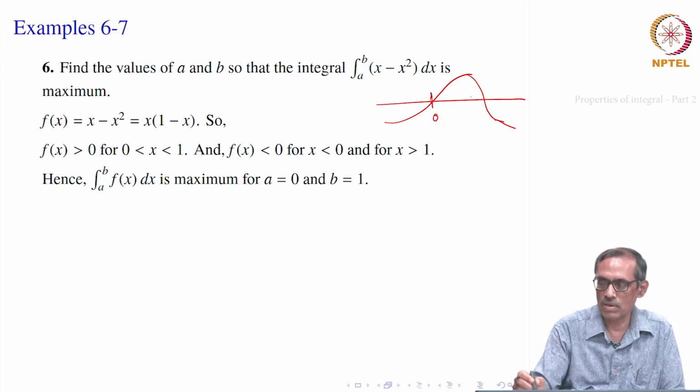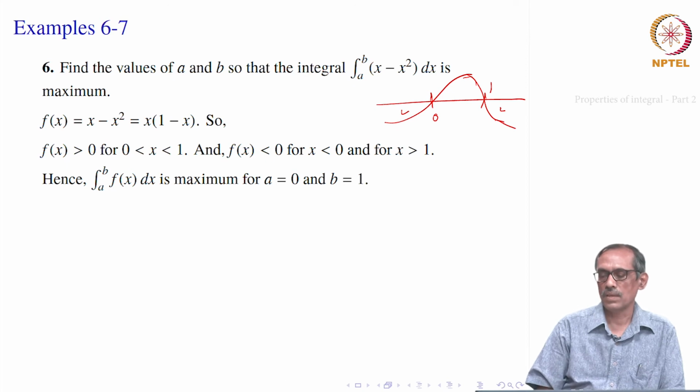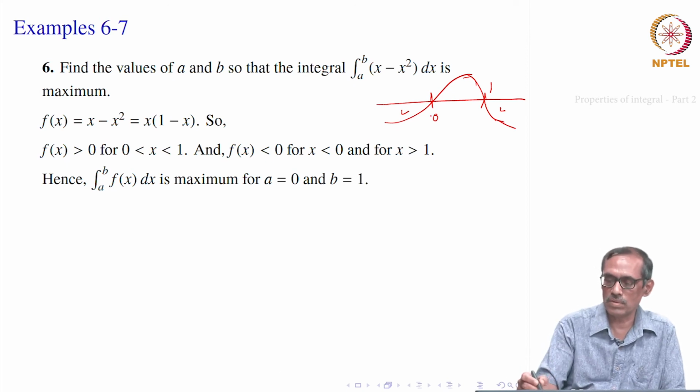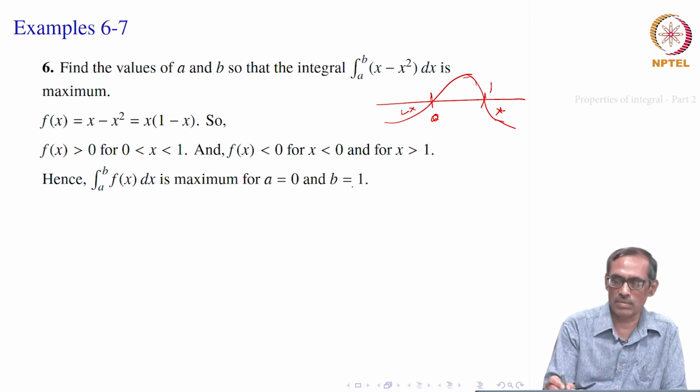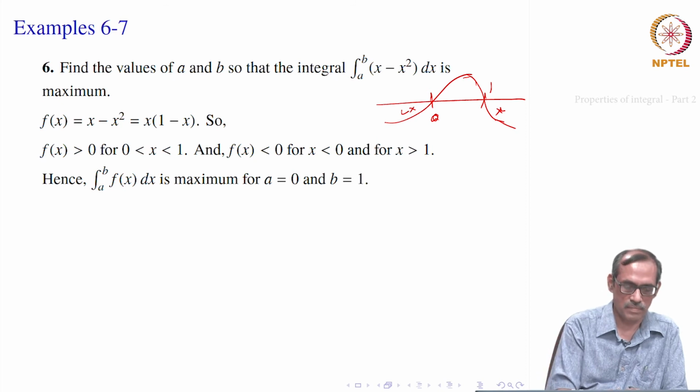Here it is 0, here it is 1; from 0 to 1 the function remains positive and elsewhere it becomes negative. So, to maximize its value, we should take only the positive part, and this part should go away. That means we choose a equal to 0 and b equal to 1. We have not computed the integral, but a geometric argument gives the result.